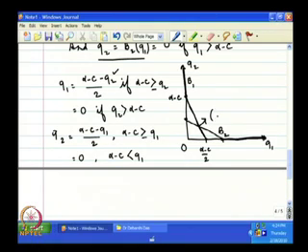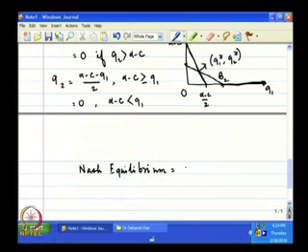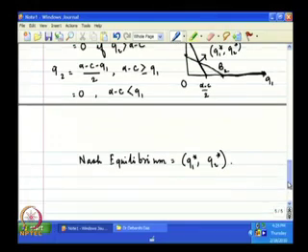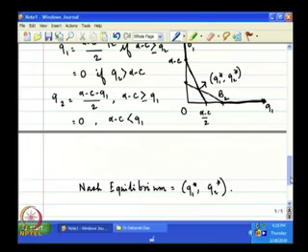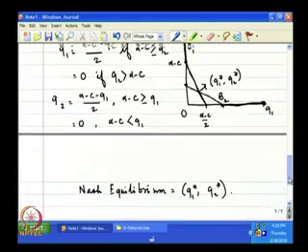Let us call it q1 star, q2 star. q1 star, q2 star is the Nash equilibrium, because that is the point of intersection. But we have to find out the values of q1 star and q2 star. We have to find out the coordinates.